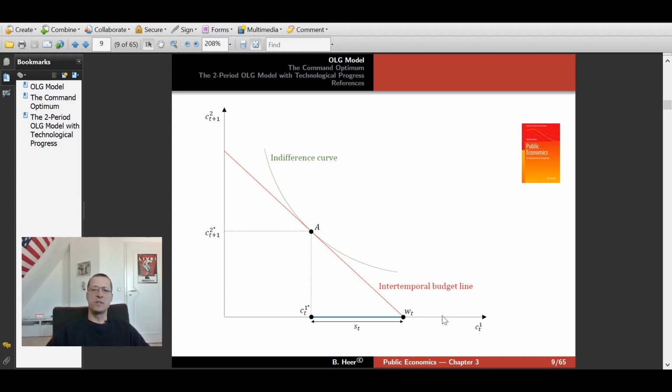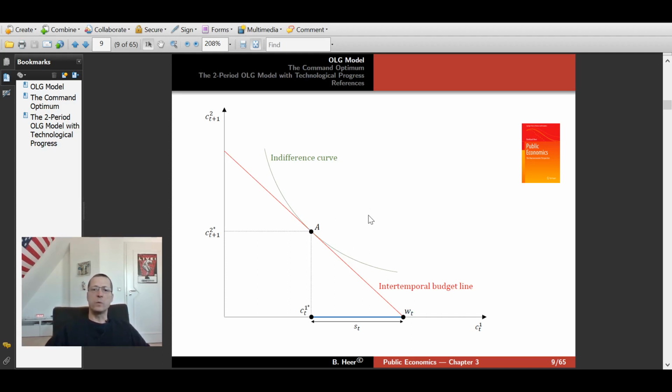Now, what happens if the interest rate increases? Now, if the interest rate increases, we can afford higher consumption next period. So our intertemporal budget line rotates around the point W_T, 0, and it rotates clockwise for higher interest rate.